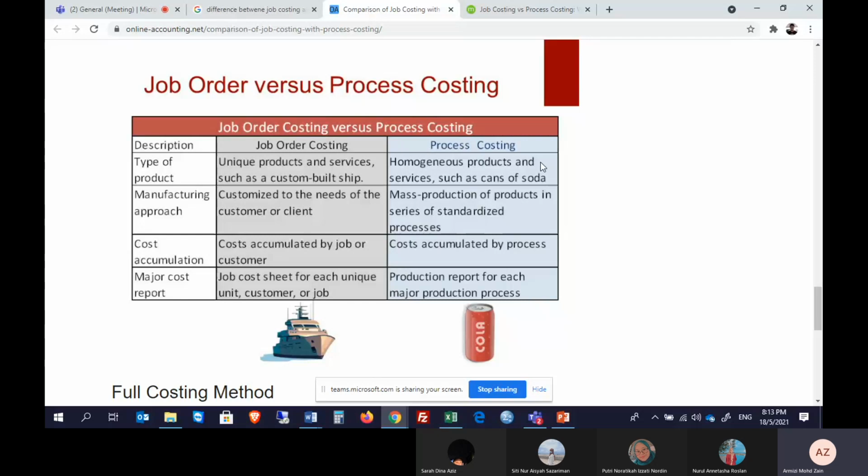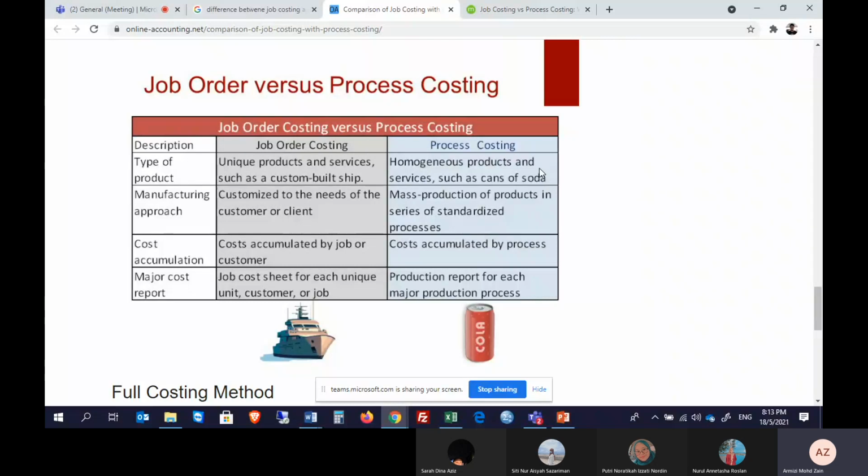While for process costing, it is homogeneous products and services, for example producing cans of soda. It means you are a food manufacturer for soda drinks. Manufacturing approach for job costing is customized to the need of the customer or client. For process costing, it is mass production of products in a series of standardized processes.